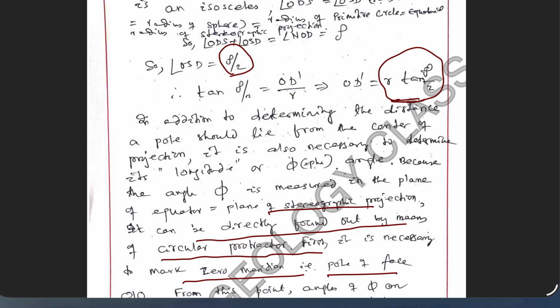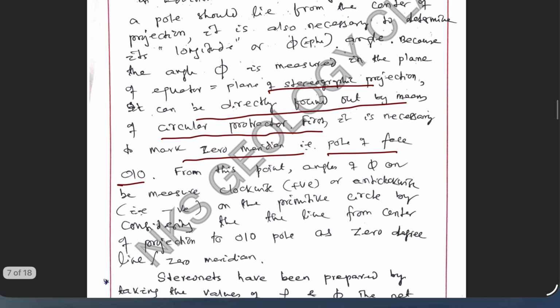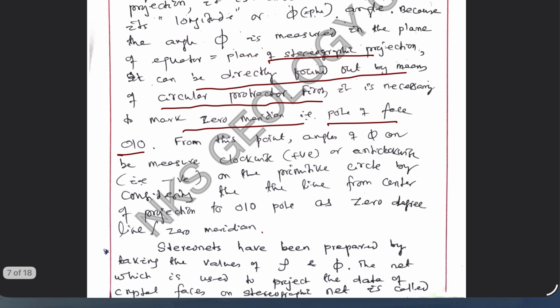So the stereo net has been prepared by taking these angles into account.